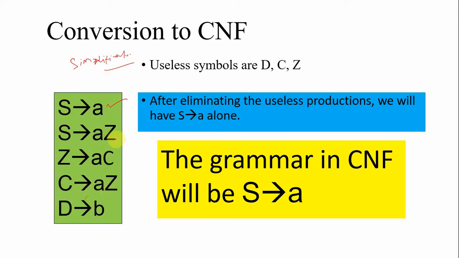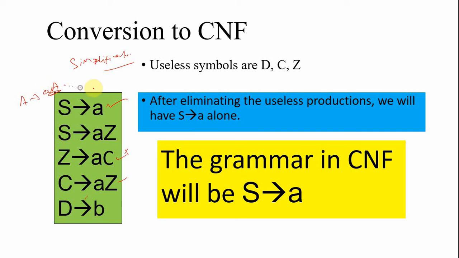But if you look at these productions, Z gives AC, C gives AZ, it is forming a loop and they are not going to terminate at all. Kindly refer to the previous video, where we had something like S gives AA, where the productions did not allow us to terminate.